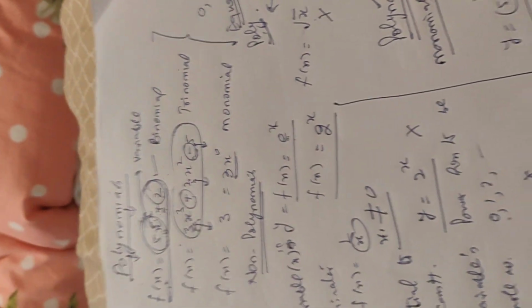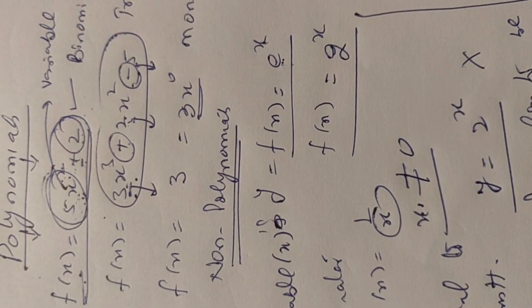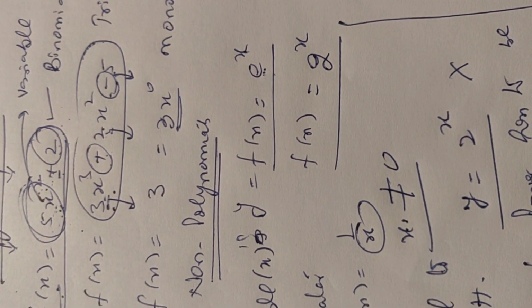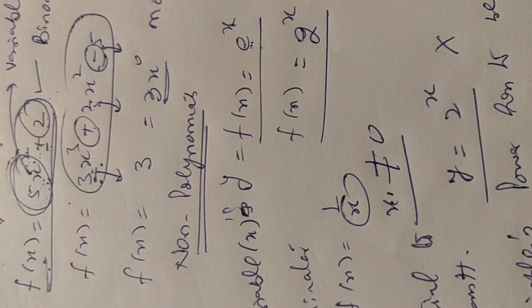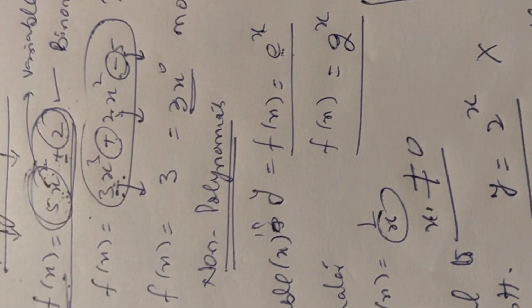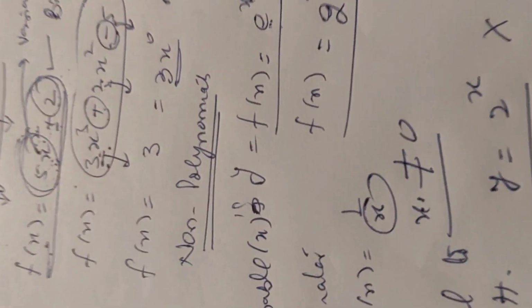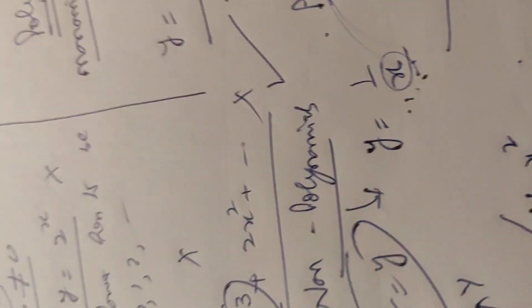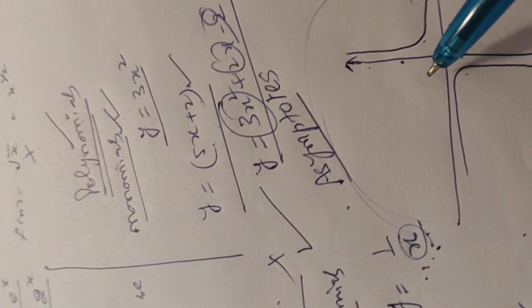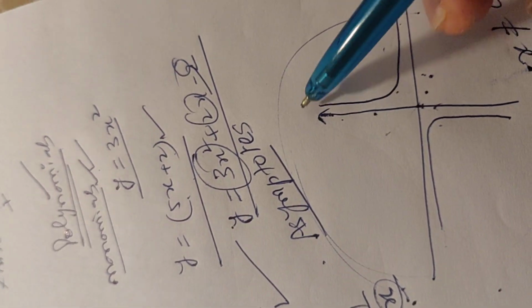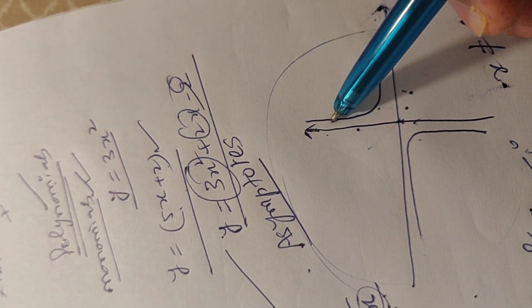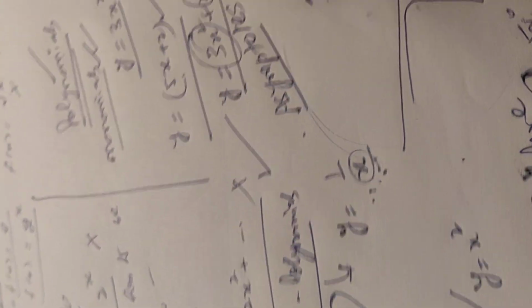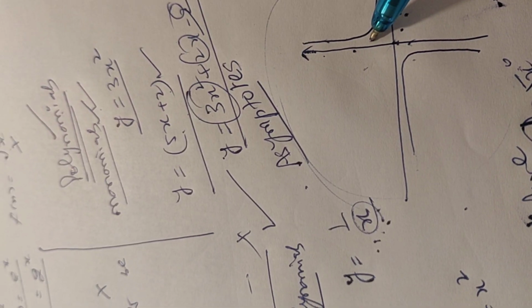So this was something about polynomials, why we study polynomials and non-polynomials separately. The reason I explained with the help of this graph and asymptotes, because asymptotes do not touch a straight line in this case.